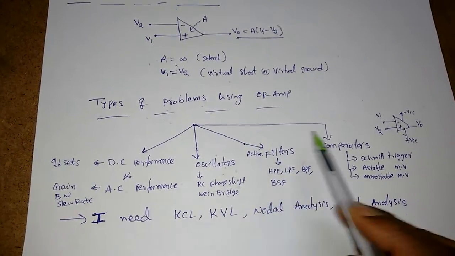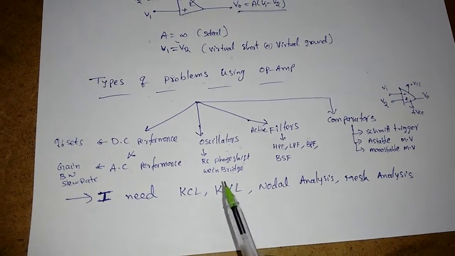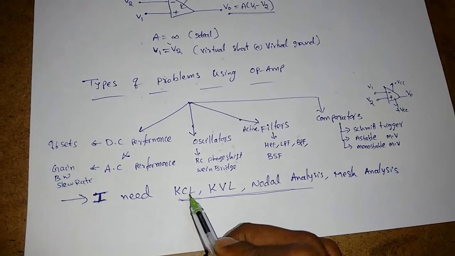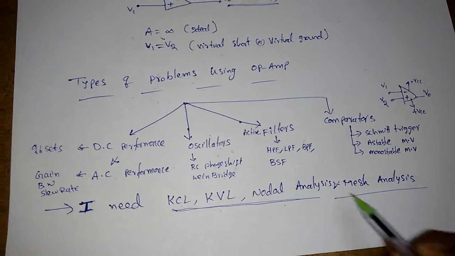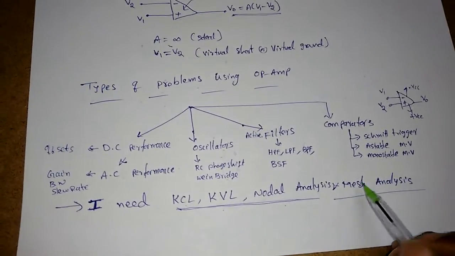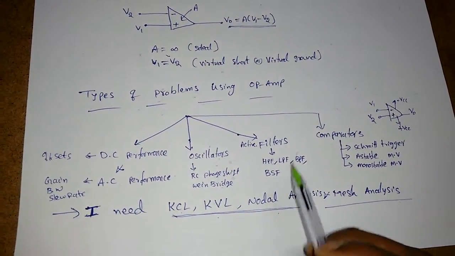For all these types of problems, what we need is KCL, KVL, nodal analysis and mesh analysis. If we don't know how to apply these concepts, we cannot do the problems using an operational amplifier.